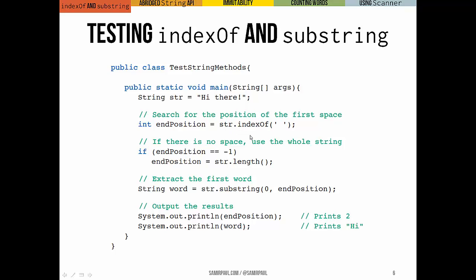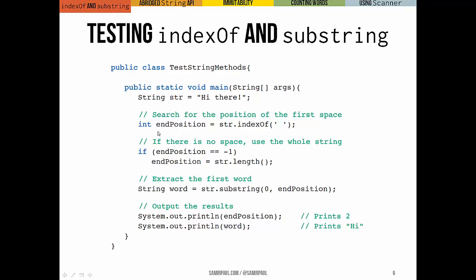So we're saying, find me the first instance of a space in str and store that into end position. Now, the other possibility is that end position could end up with the value -1 if there are no spaces in the string. That's obviously not the case with the string we're passing right here.